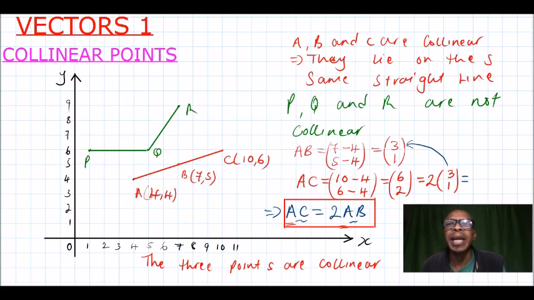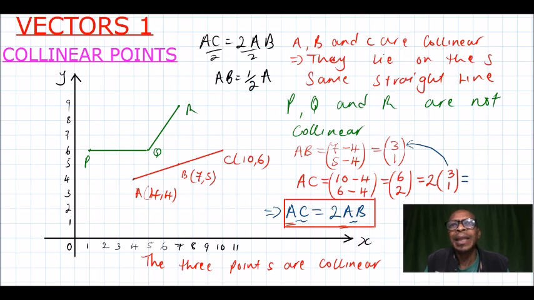For you to conclude that 3 points are collinear, you must be able to express one vector as a scalar multiple of the other. Just to note, since AC is equal to 2AB, if we divide by 2, you find that AB is equal to a half AC.